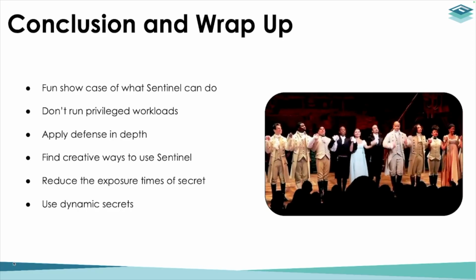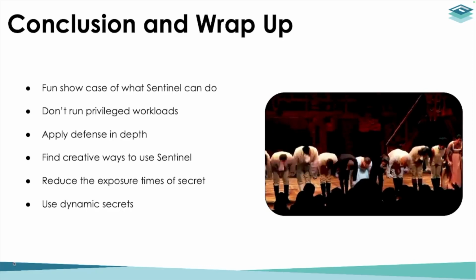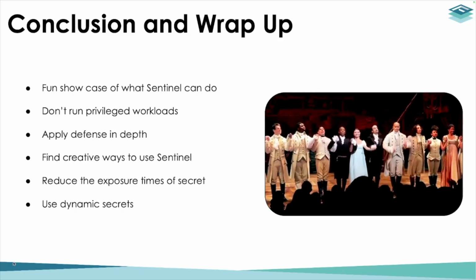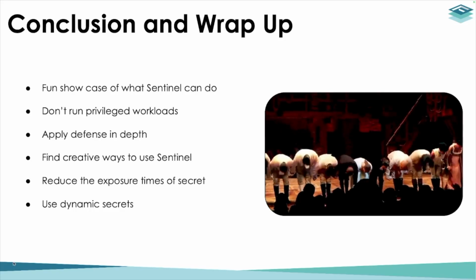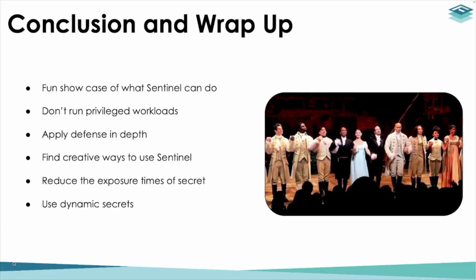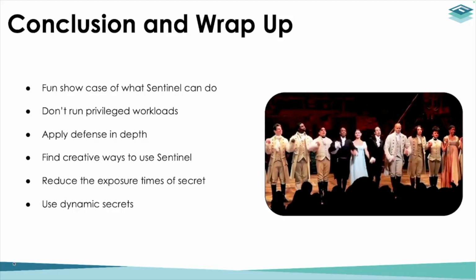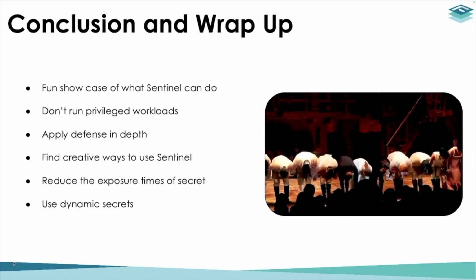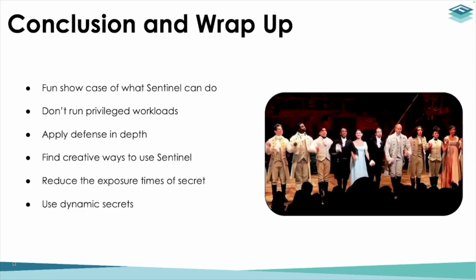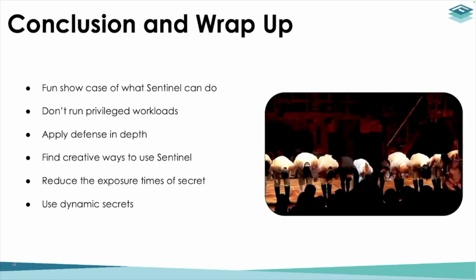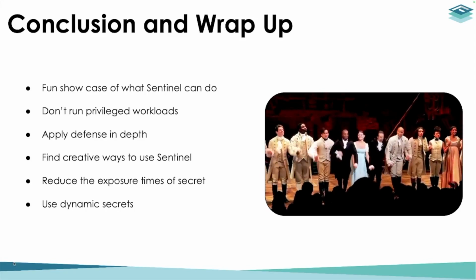Sentinel is one more such layer. Number 3, find other creative ways to use Sentinel. You've seen what it can do. Number 4, reduce the exposure time of secrets on disk and minimize their lifetimes through short TTLs and use limits. And lastly, number 5, use dynamic secrets where possible.